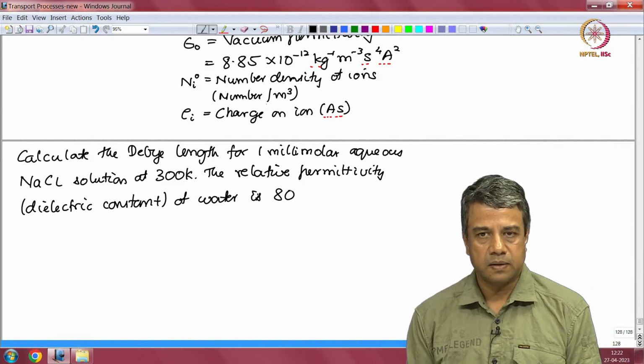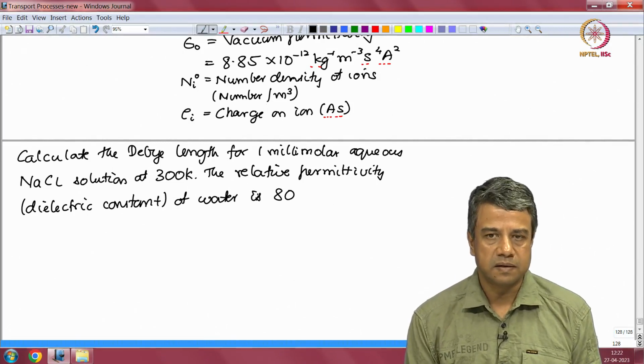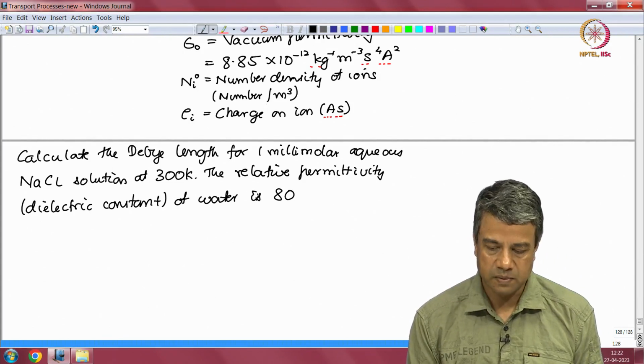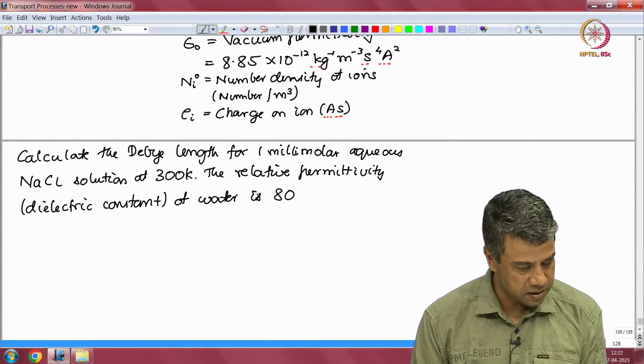So, we have to calculate what is the Debye length when you put a charged surface in water which contains 1 millimolar aqueous NaCl solution.